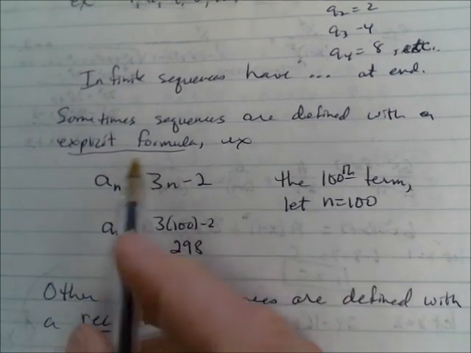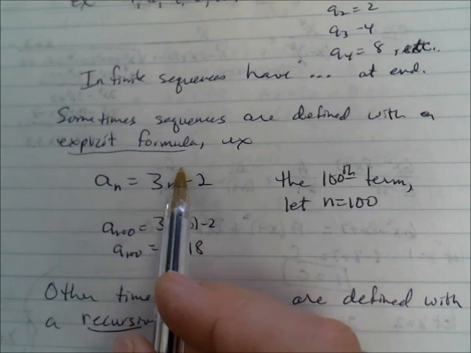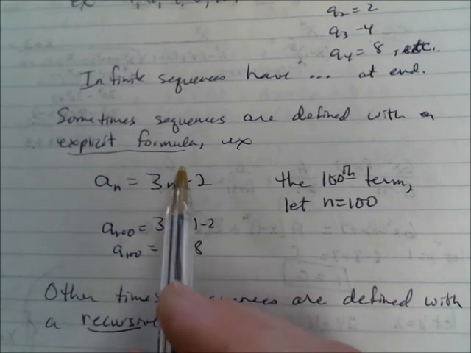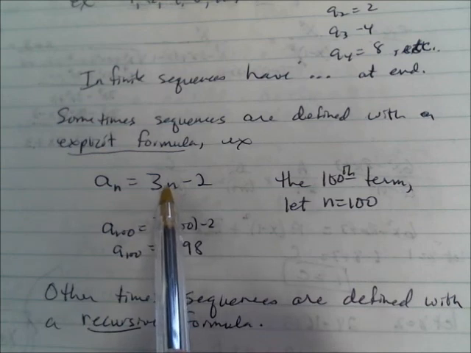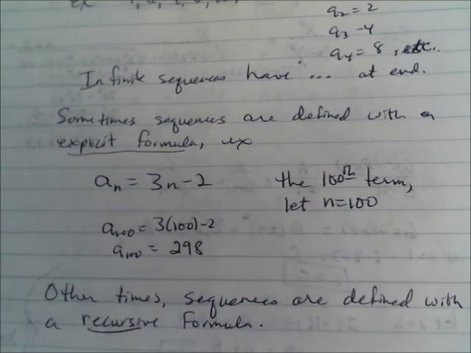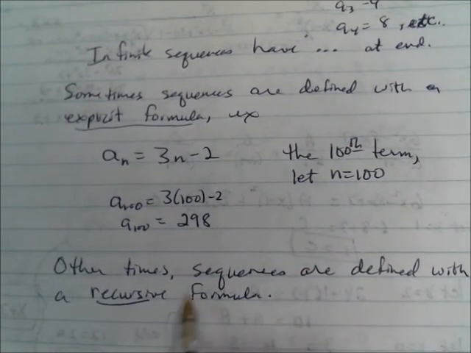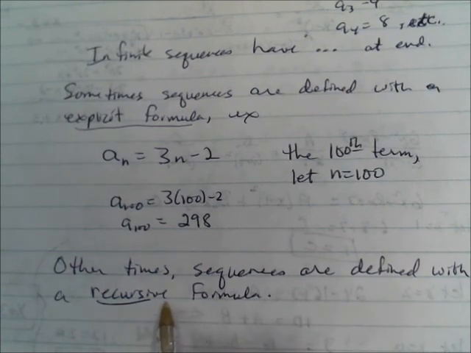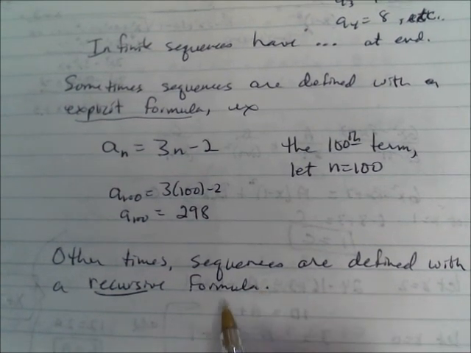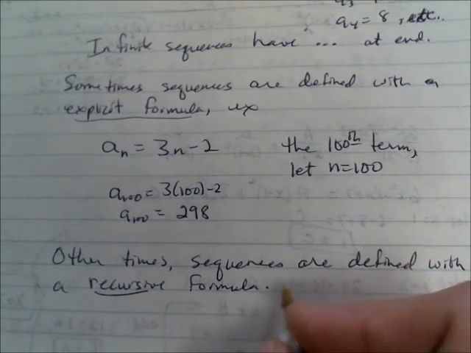With an explicit formula, you can calculate any term you want by just substituting an n with whatever term number you have. But if you have a recursive formula, you can't determine what the 100th term is unless you've determined what the 99th term is, because a recursive formula depends on the value of the term before it.